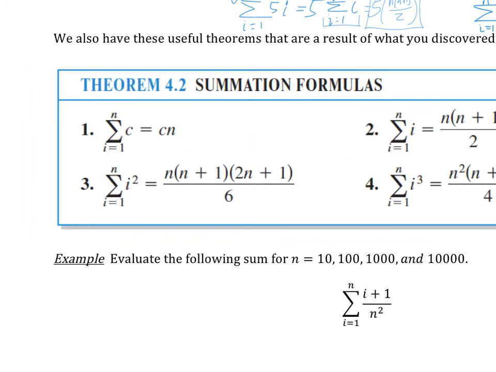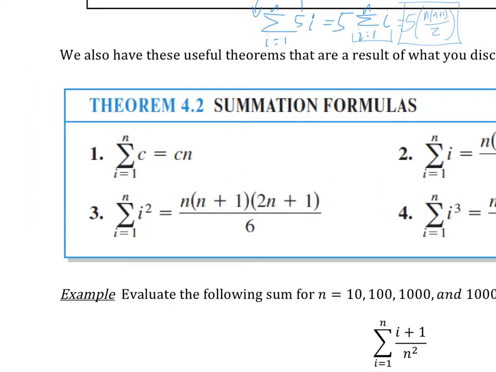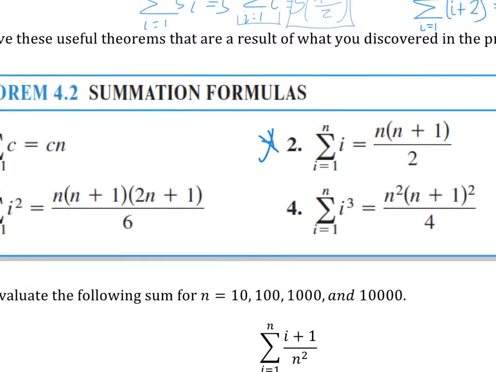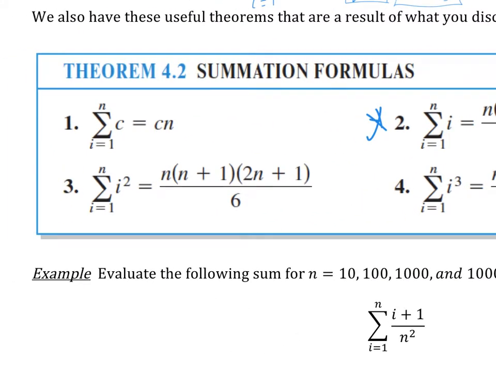So our formulas from the previous page: if we're adding a constant, it's just going to be the constant times n. If we have the summation of i, that's going to be n times n plus 1 over 2. That's one to memorize. And this next one we probably should memorize too.